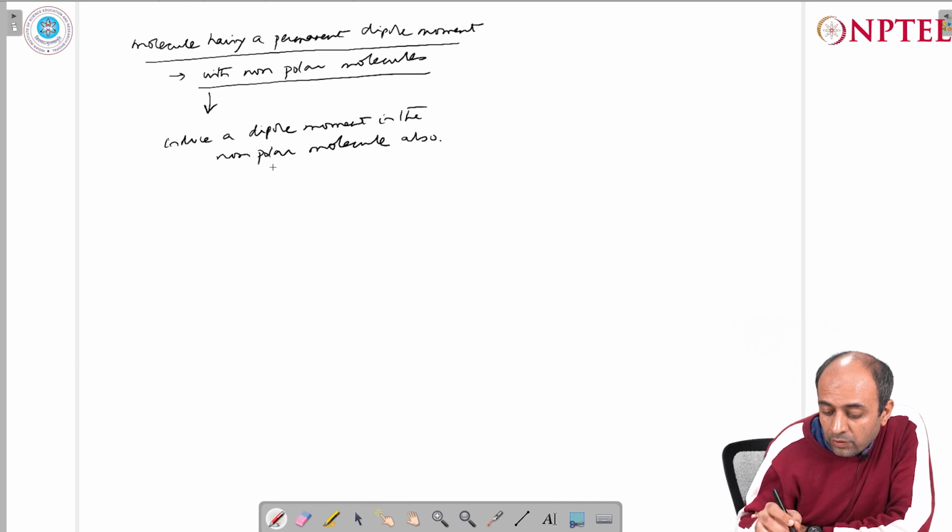So the origin of inducing a dipole moment in the non-polar molecule is because you have a molecule which has a permanent dipole moment.